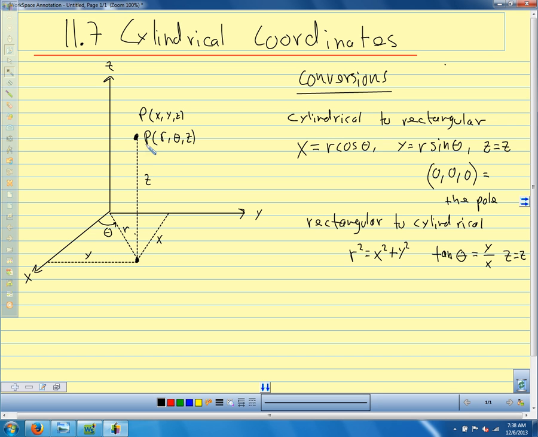So questions before we move on? And like I said, I think cylindrical coordinates hopefully will become our second favorite coordinate system. Spherical coordinates are just really nice. That's a really nice coordinate system.